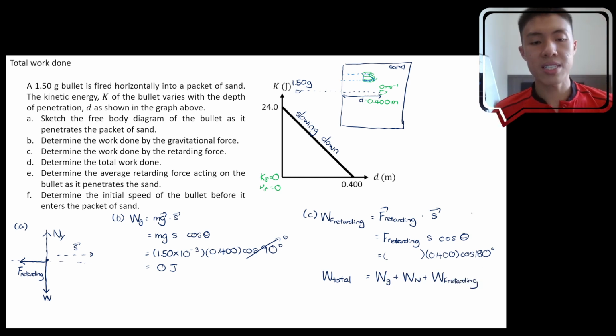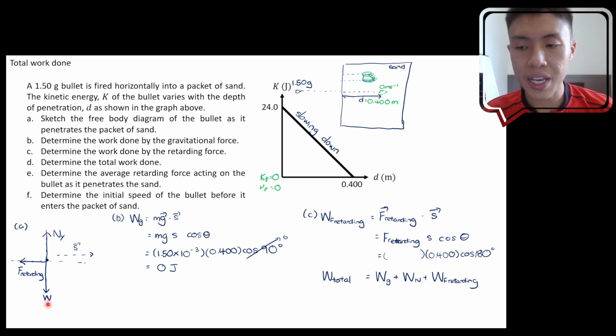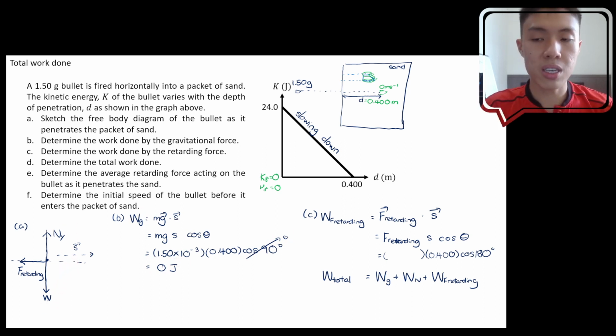But what we can see here is that both the normal and the weight are 90 degrees to the displacement. When it's 90 degrees to the displacement, cos 90 is 0, and their work done will be equal to 0. So the normal force and the weight will not contribute any work to the total work done. The work done by gravity and the work done by normal will be equal to 0.